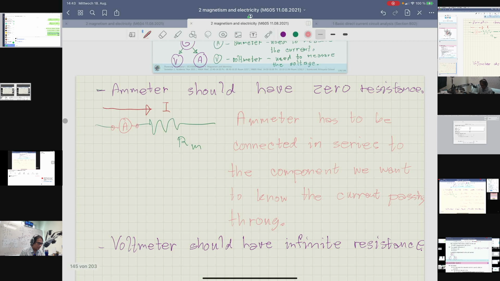And voltmeter, what about the voltmeter? In the first stage, before you put the voltmeter, you have only this one, Rm, right here.